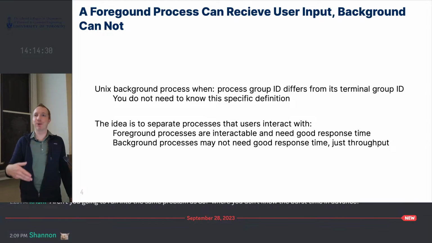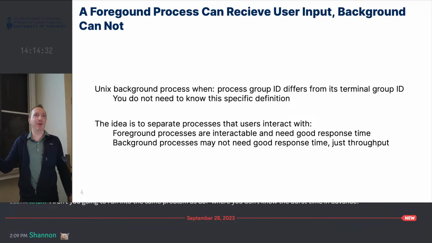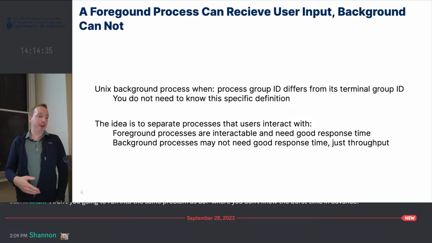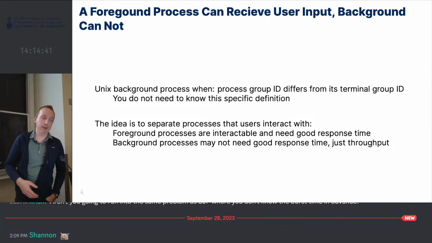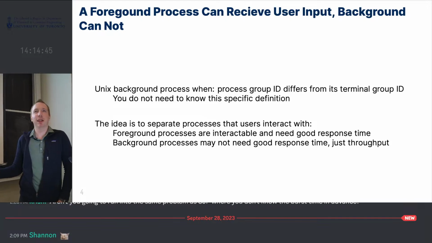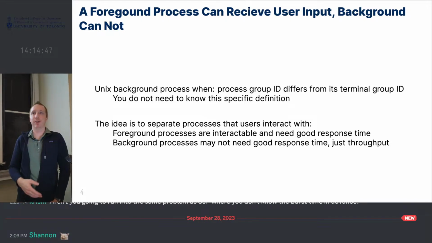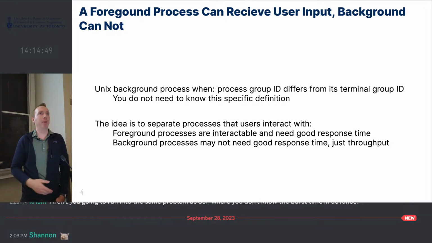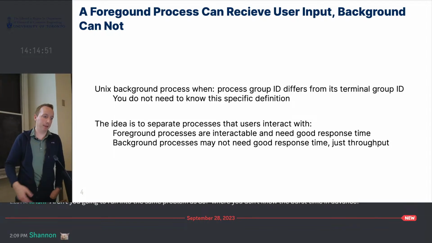I'm trying not to say the word priority 10,000 times. Whatever is receiving user input, you want to be responsive. While if it's a background task, something that just needs to complete, you don't really care about response time. You might just go with the most throughput: how many processes can I go through at any given time?